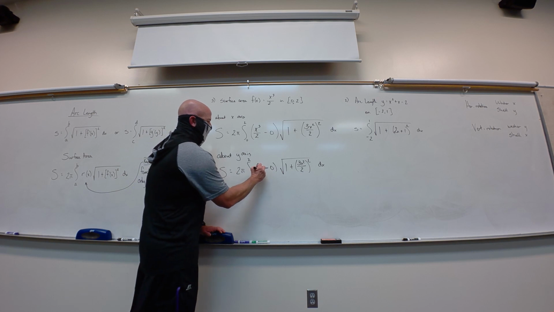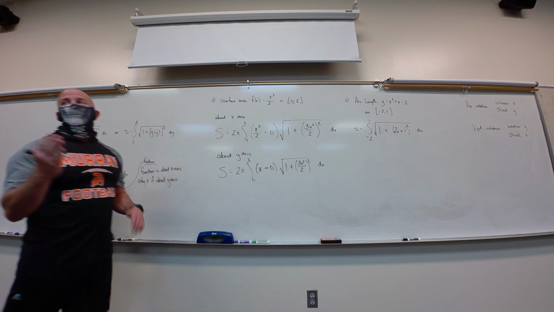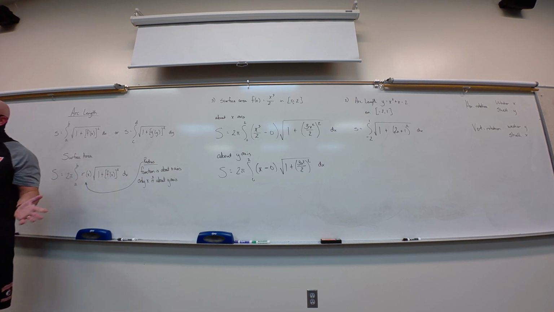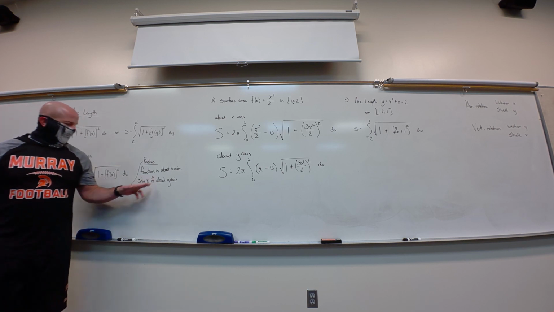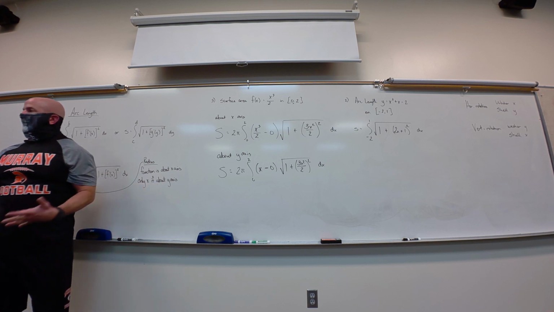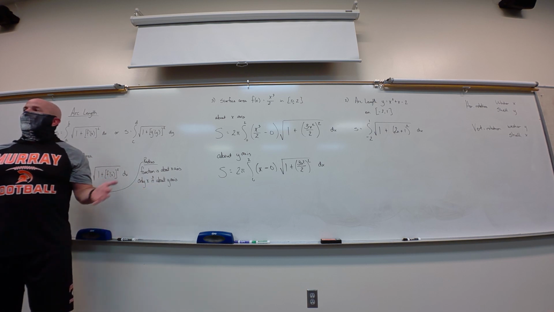Now over here, the way it's written in your book, it just shows r of x because it's referring to the radius, how far you are away. So I wrote for you only x is about the y-axis. Technically, it's not only x, it's really x minus 0.